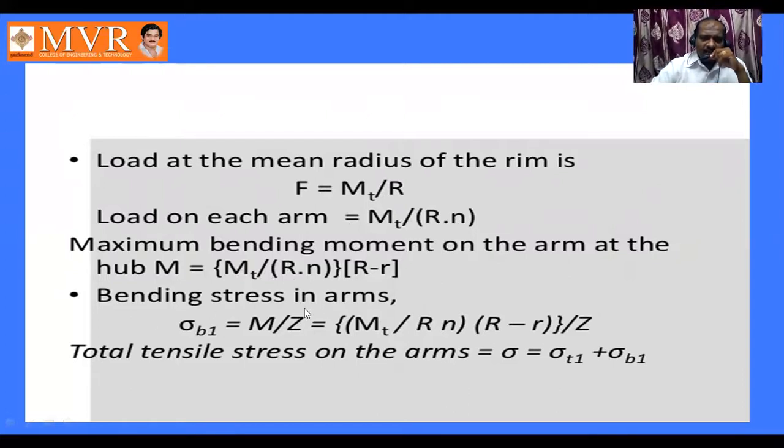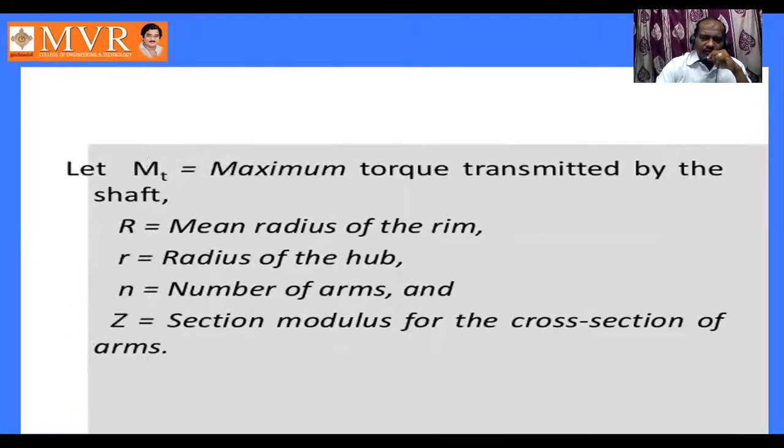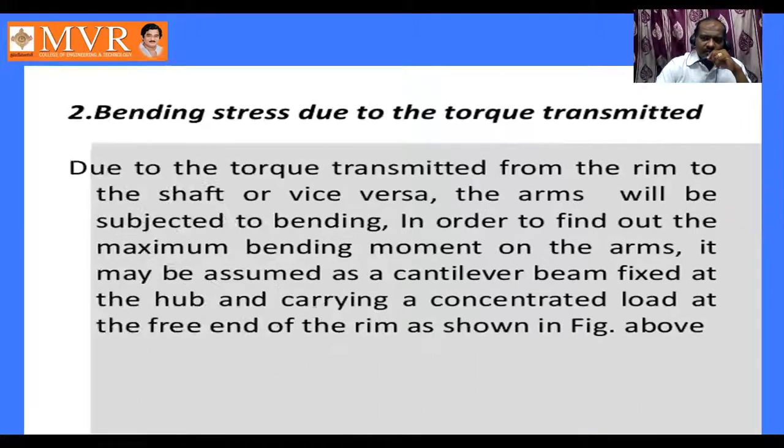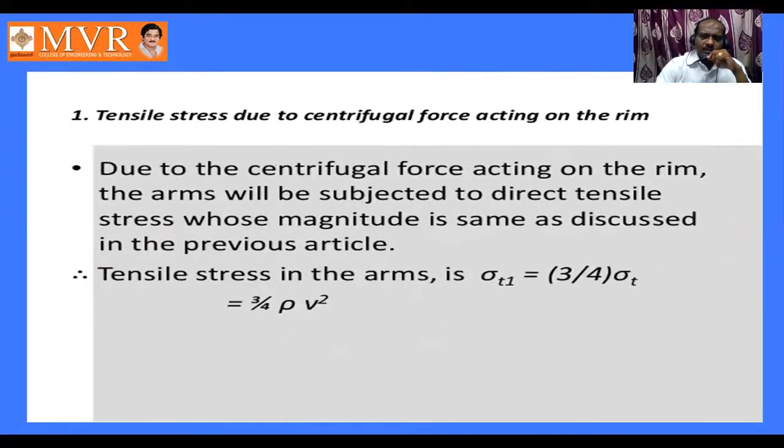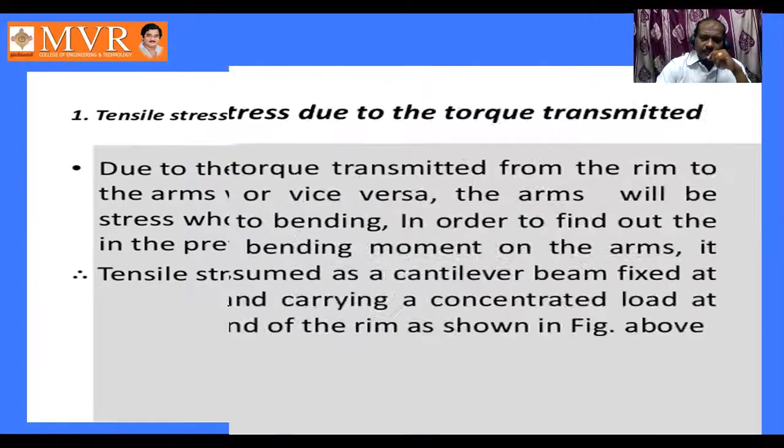Bending stress in the arms is M by Z, that is, M t by R n by Z. So tensile stress in the arms is equal to sigma T1 plus sigma B1. So one is about the rim, the second one is about the arm. We have calculated, if you observe that one, sigma T1 is going to be 3 by 4 into sigma T.